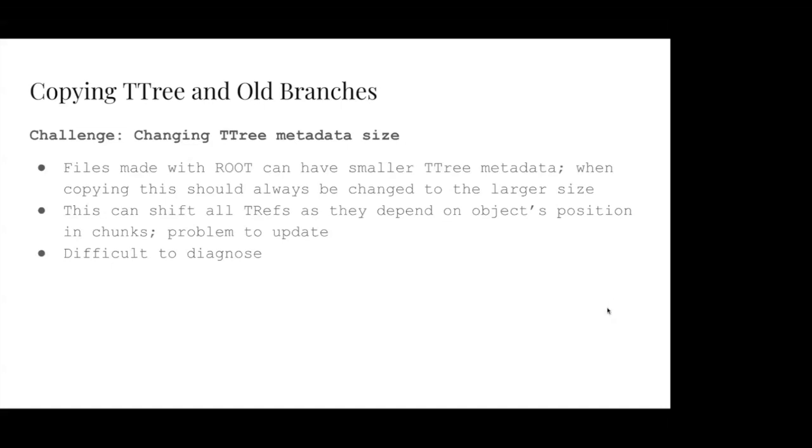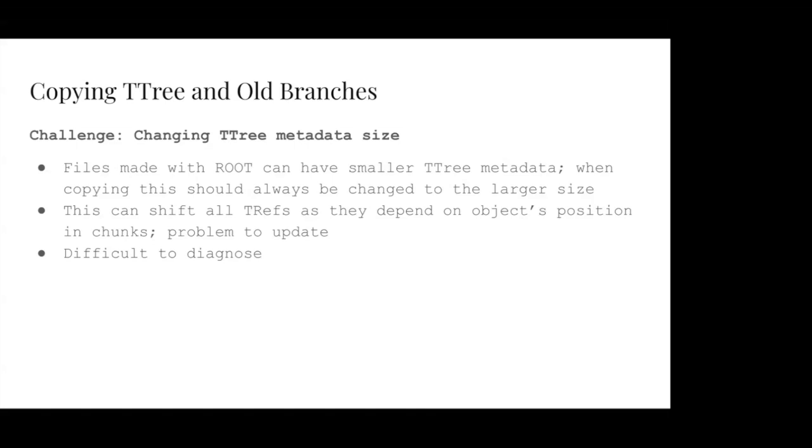And there's one main challenge with this for me, which was changing t-tree metadata size. All Uproot t-trees have the same t-tree metadata size. There's two, and Uproot writes the larger one, but some files written with ROOT have smaller t-tree metadata. But I wanted the new trees to all have the larger t-tree metadata, but this shifts the rest of the file down.